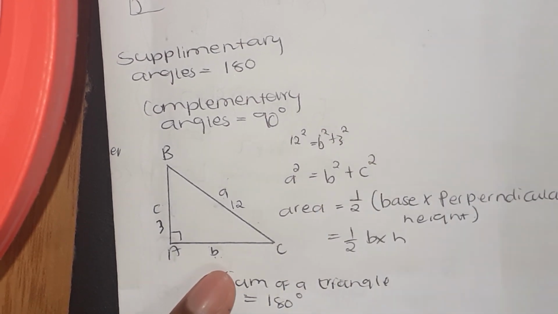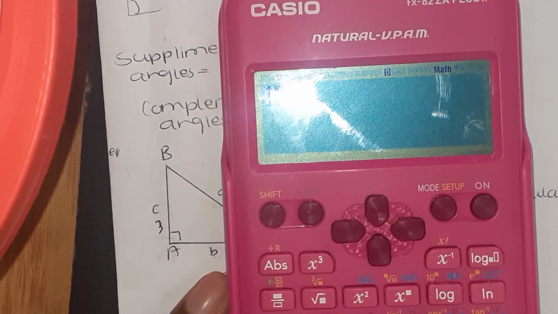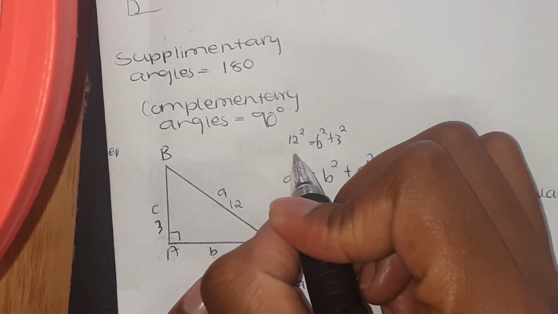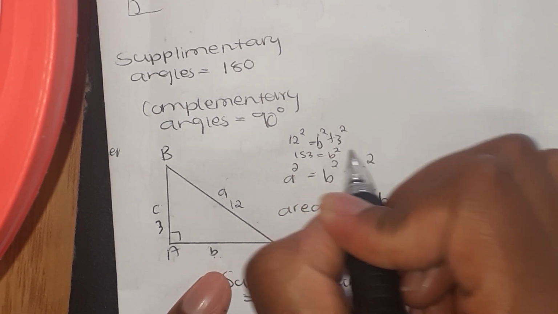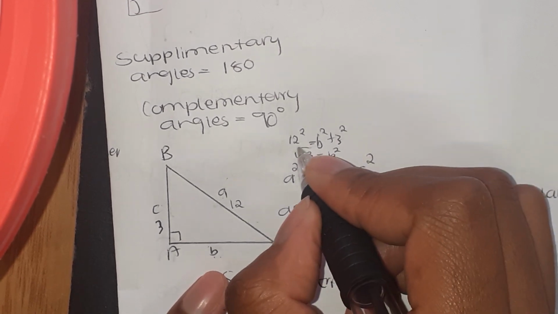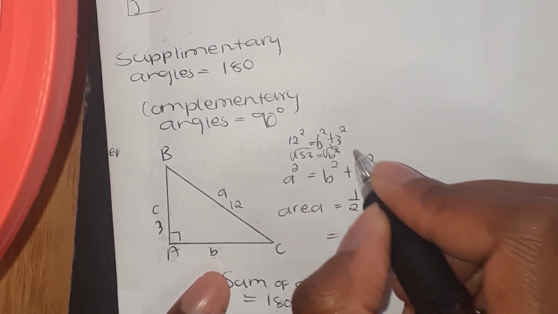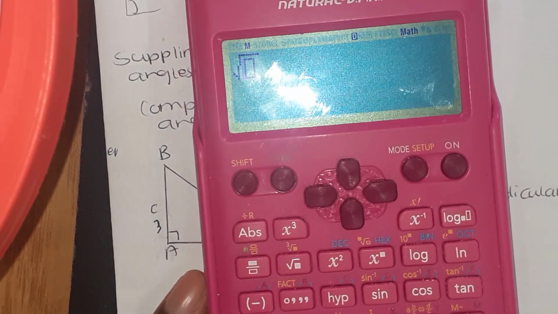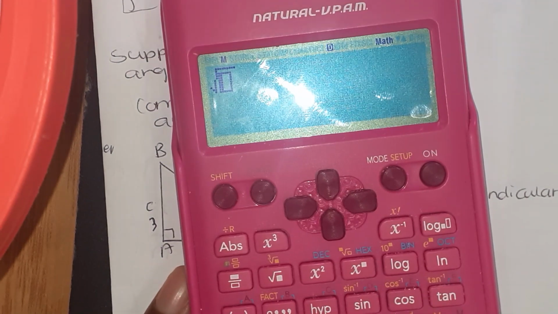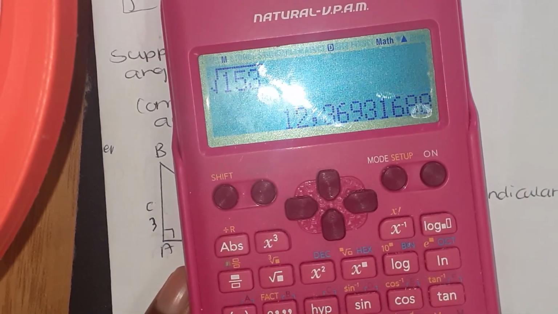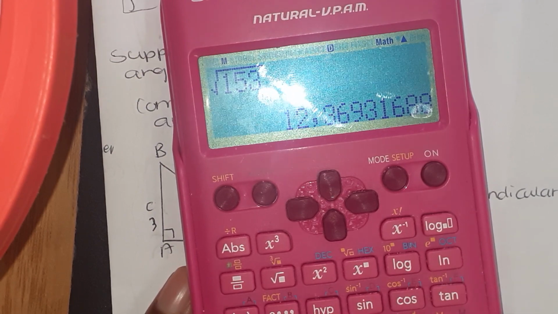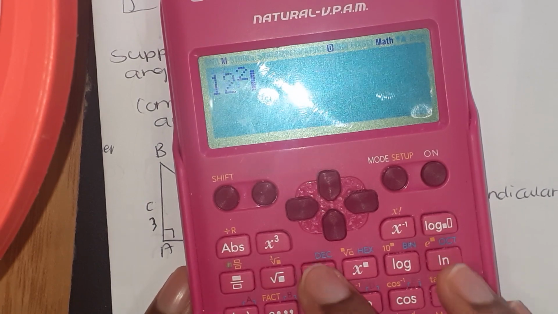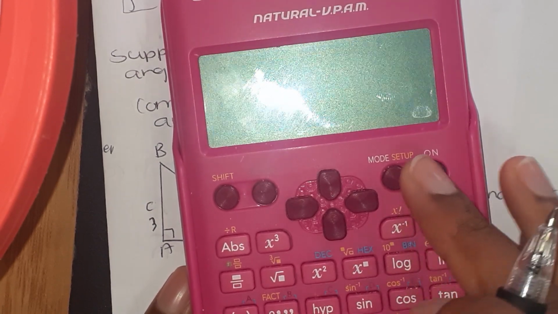This 3 squared will come to this side, and then we will have 12 squared minus 3 squared. That will be 153. 153 equals B squared. So to get rid of this square, we square root both sides, then root 153 equals, let's say 12 squared equals 144, right?